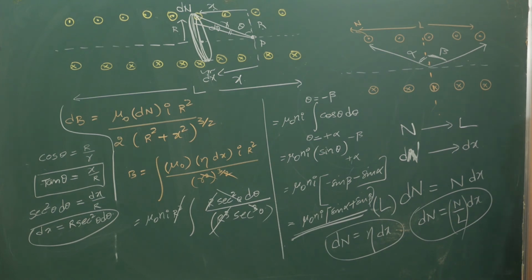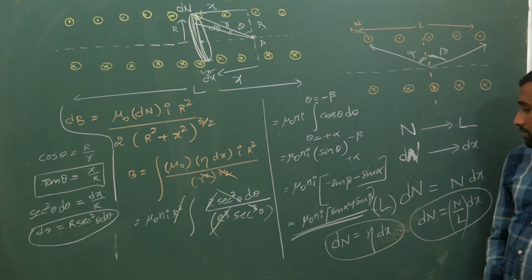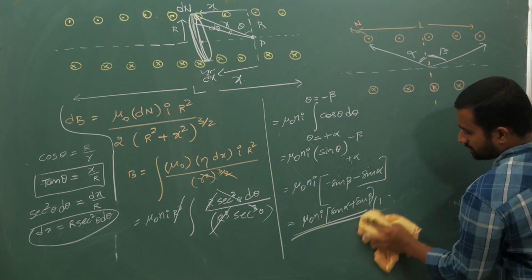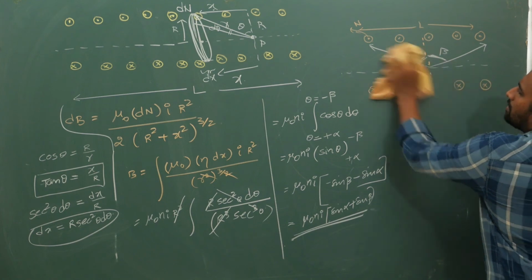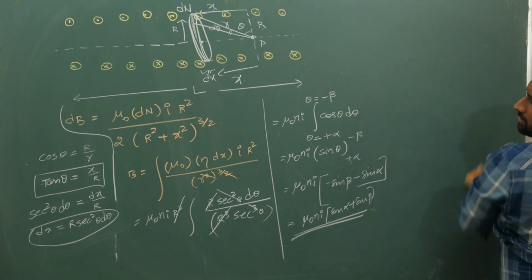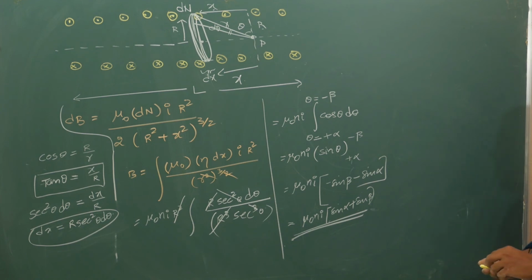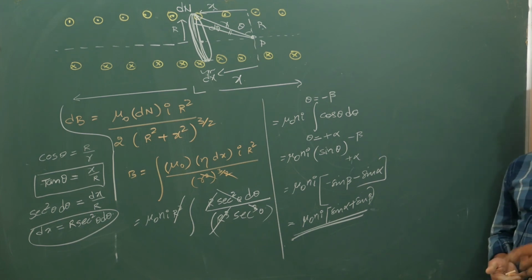So this is your magnetic field on the axis of solenoid. I should erase this space to not have any confusion.